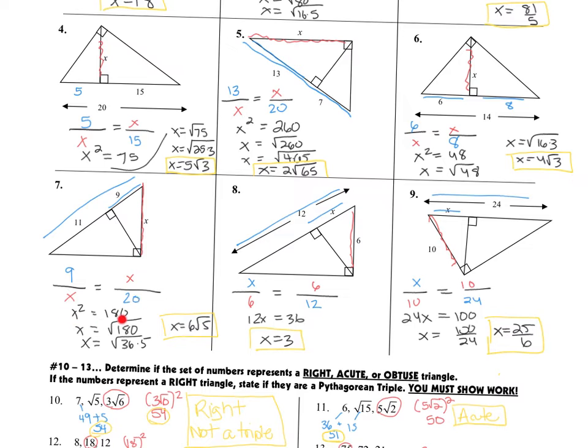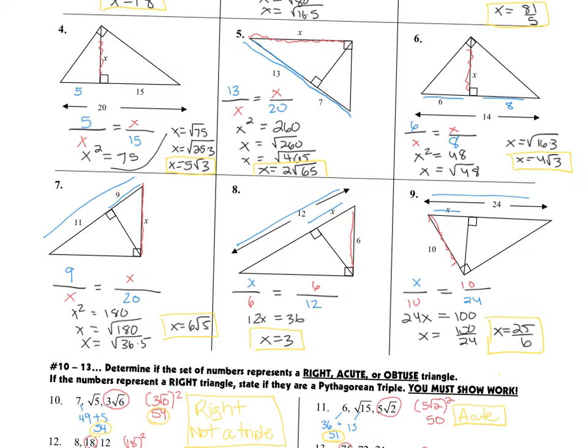That gives me x squared equals 180, and I'm going to have that x is equal to the square root of 180. 180 is 36 times 5, which gives us that x is equal to 6 times the square root of 5.